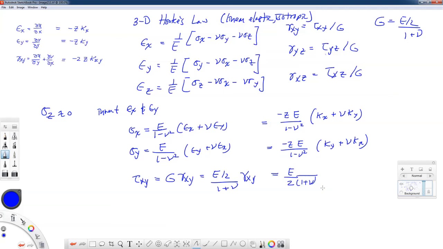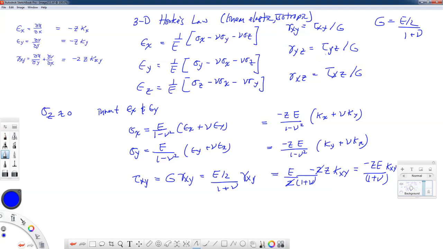We have gamma xy, which is equal to minus 2z kappa xy. This 2 and this 2 go away. So we have minus z E over 1 plus nu times this quantity kappa xy.